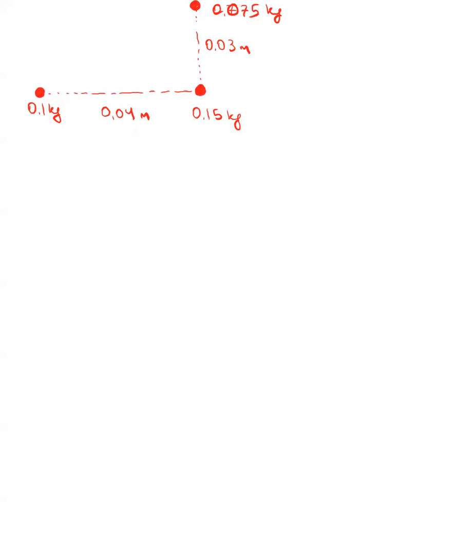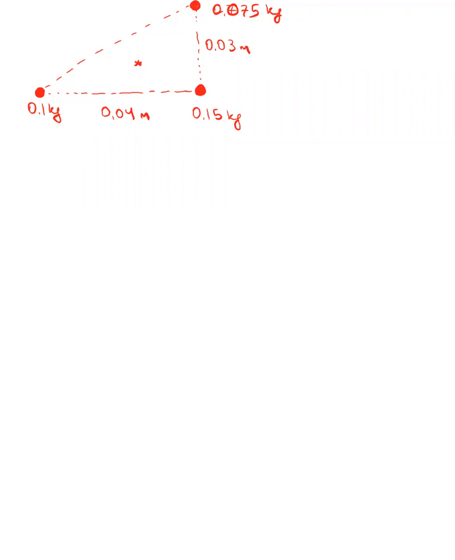So first of all, before we start solving this problem, let's think about where we expect the center of mass to be. Intuitively, it should be somewhere inside this imaginary triangle, right? If all 3 objects were of equal mass, you would expect it to be in the geometric center.